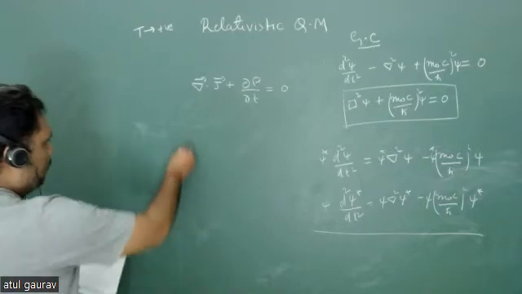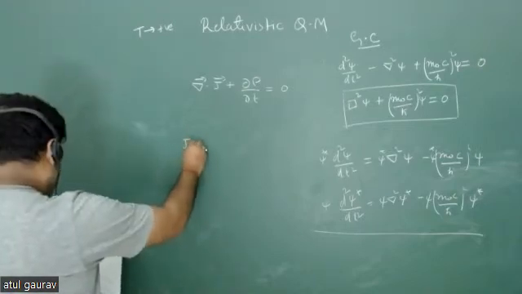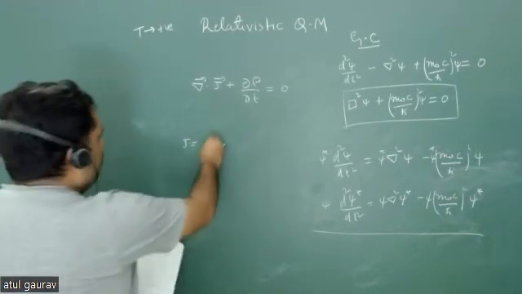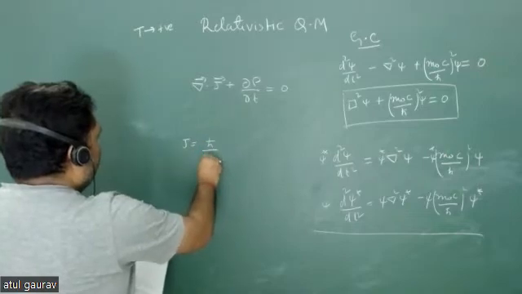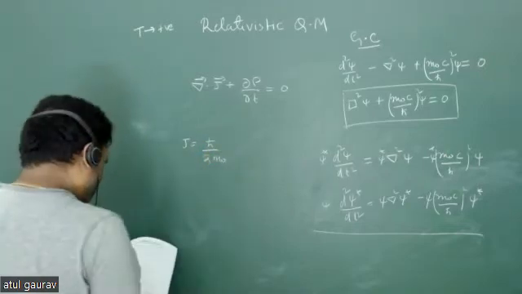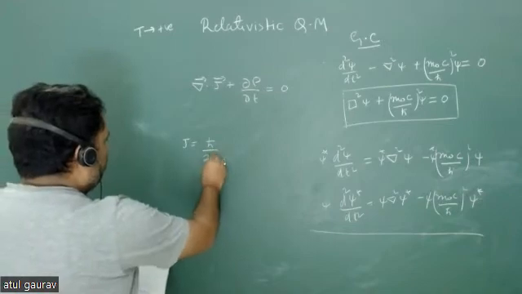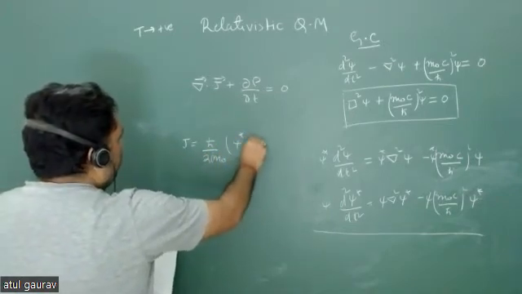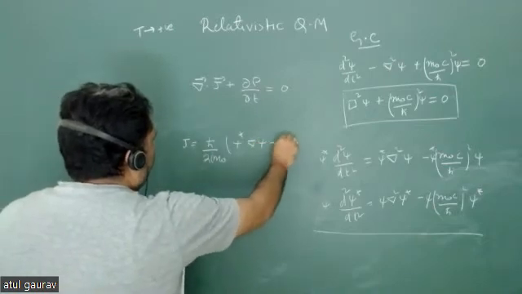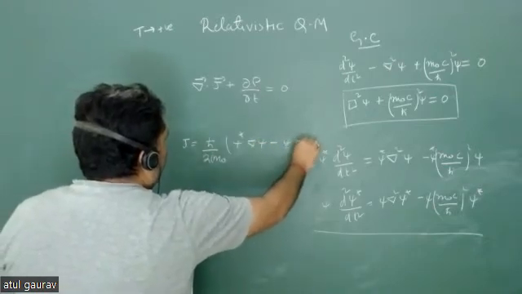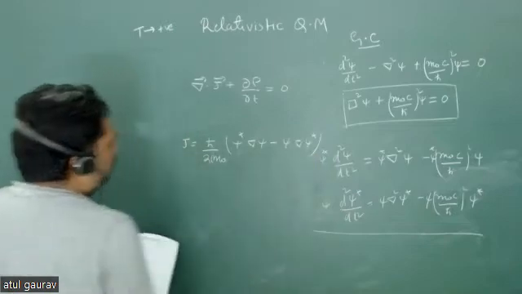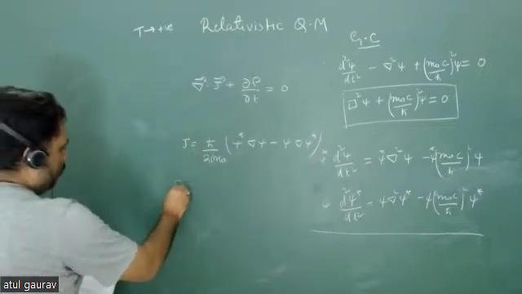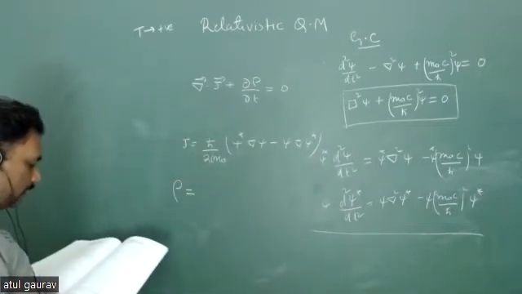So J is basically defined as the same J, that is h cut upon 2i m naught, and here is psi star del psi minus psi del psi star. This is your J, but here rho is going to change, and rho is what?